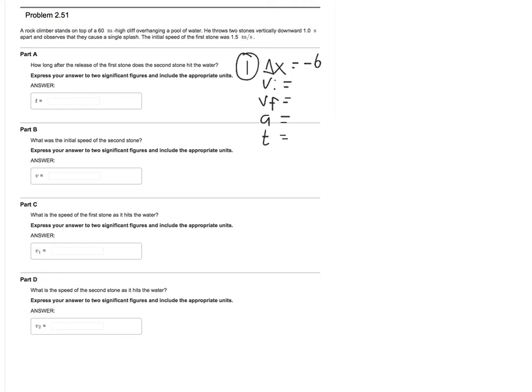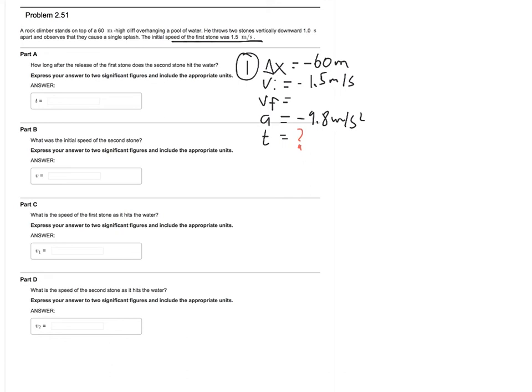So for that first stone, we know it drops 60 meters. It's initially thrown down at a speed here of 1.5 meters per second. It tells us that in the beginning of the problem. So that initial velocity is going to be negative 1.5 meters per second. And our acceleration is negative 9.8 meters per second squared. And we're once again looking for time.